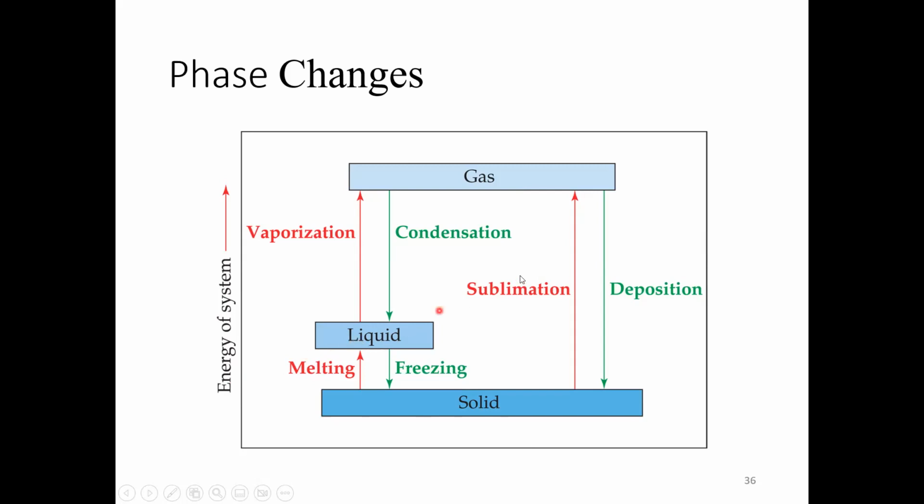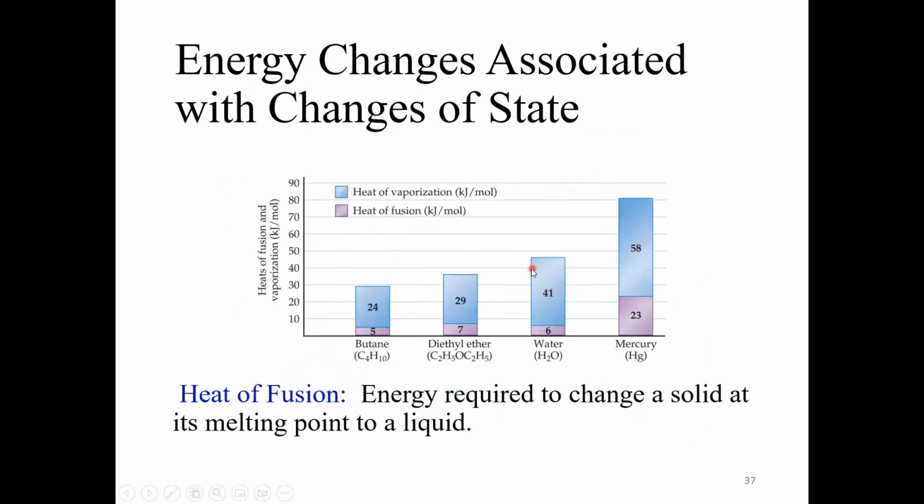So with these phase changes, we just want to keep in mind that the changes themselves are only going to be impacting the intermolecular forces. And when we look at the energy of this process, like I said, it's going to take energy to actually separate these molecules. And once the kinetic energy overcomes those intermolecular forces, that's where the phase changes will occur.